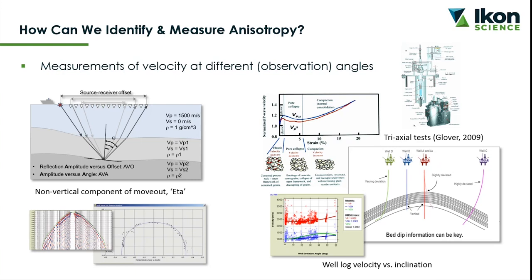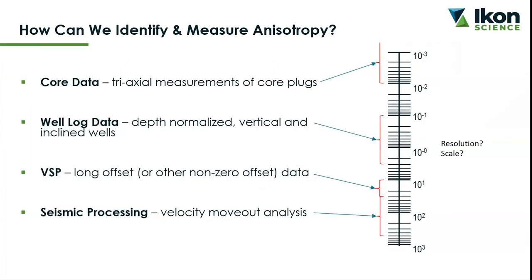So all of these measurements could be combined into a scale-dependent model that you could then utilize in your seismic modeling studies, going right away from the core data scale all the way through to the seismic scale, up to the tens and hundreds of meters.